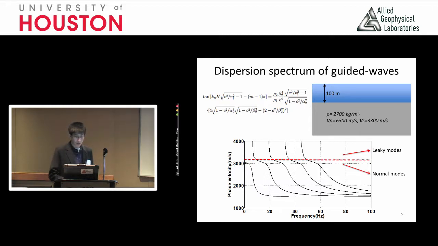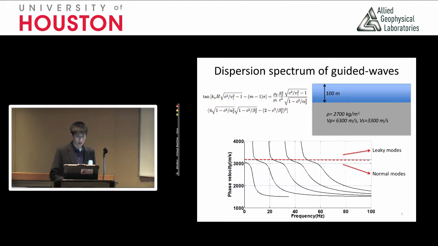We can see that this red dashed line is actually the boundary between the normal mode and the leaky mode. So above this dashed line are our normal modes, which are the primary energy of the guided wave.